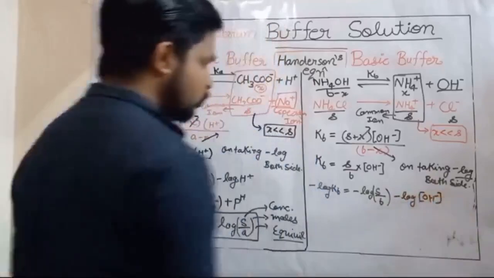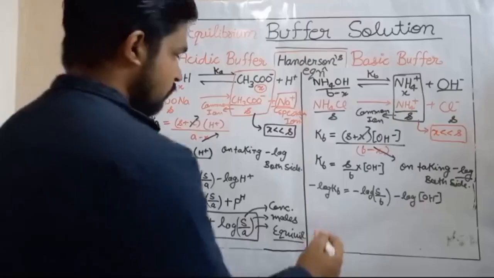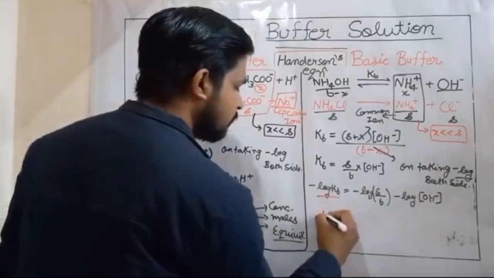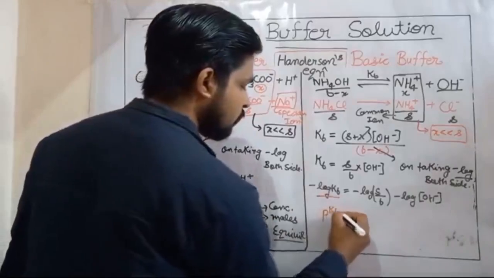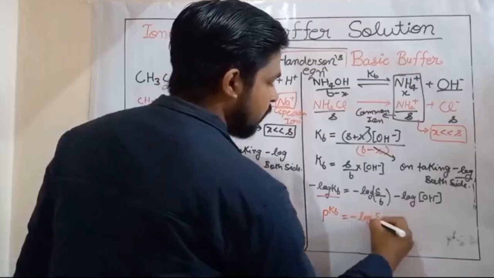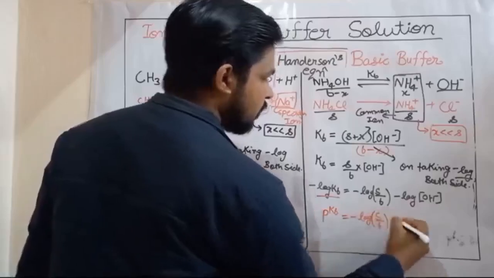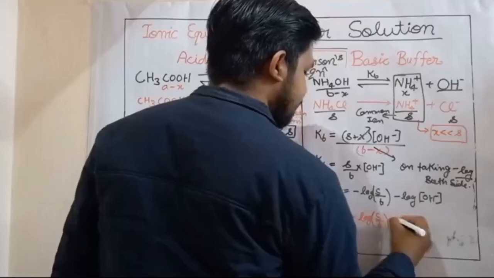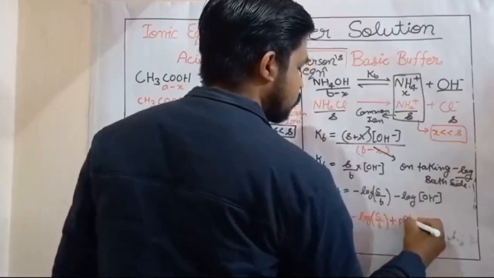Okay student, you know that minus log Kb is written as pKb, which is equal to minus log salt by base concentration, and minus log OH is written as pOH.